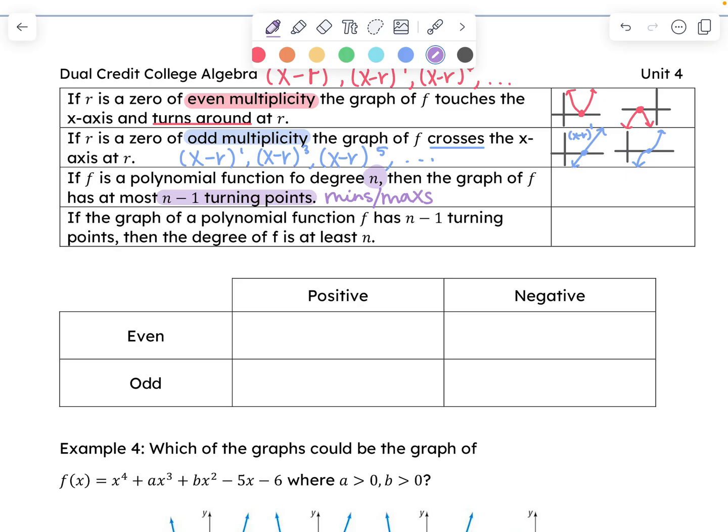So if we had something that was a degree of, let's say, 8, then that would mean that we had at most 7 turning points. You have n minus 1. So if it's degree 8, you would have 8 minus 1, 7 turning points.